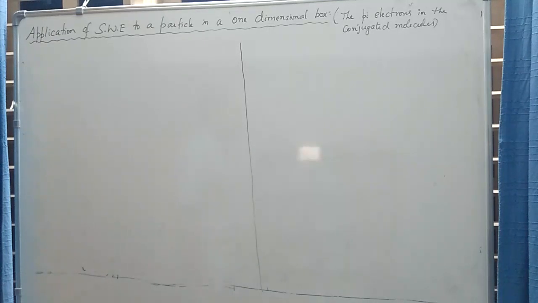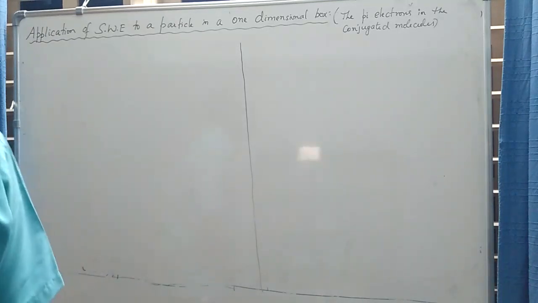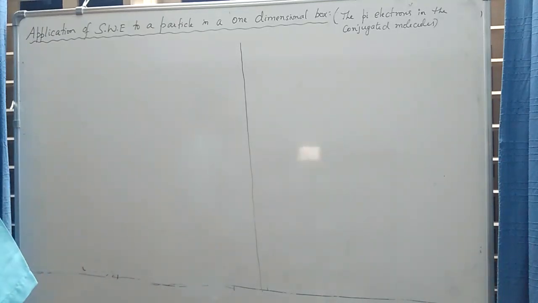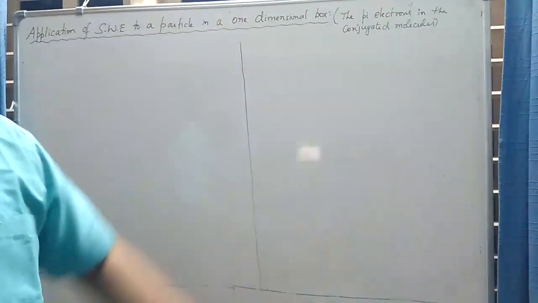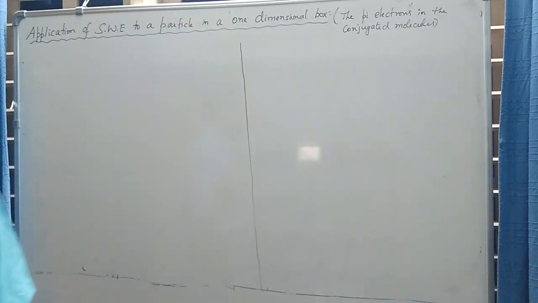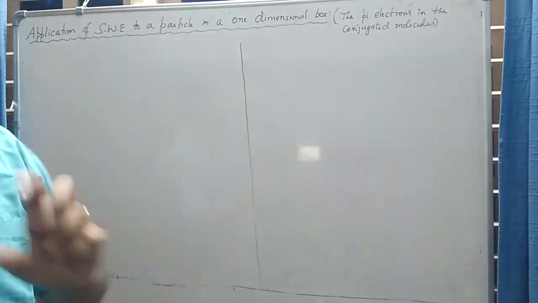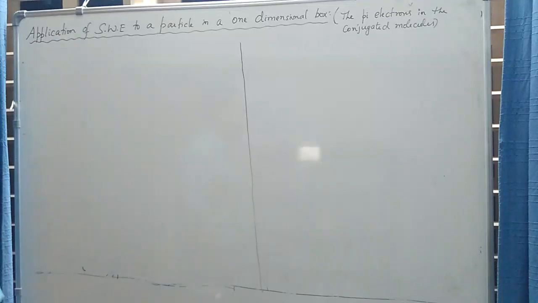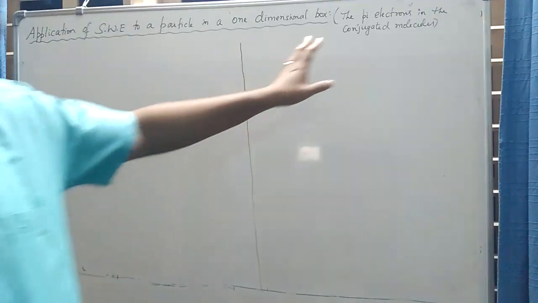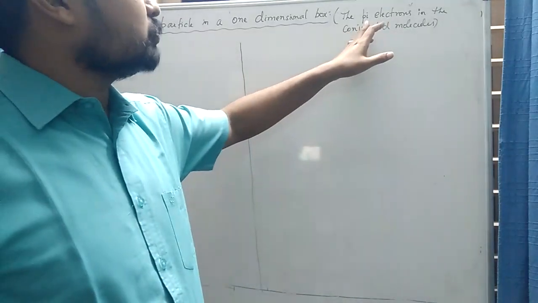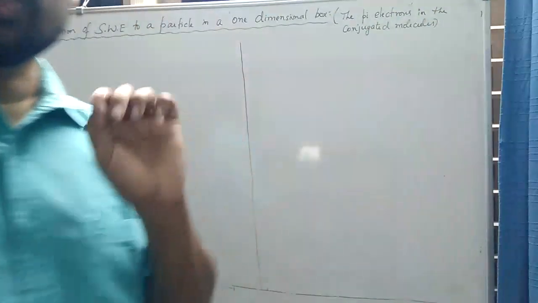We do not have a similar system in chemistry such as a particle in a one-dimensional box. Though it does not have any direct physical relation to any chemistry system, it can be roughly applied to the pi electrons moving in conjugated molecules.